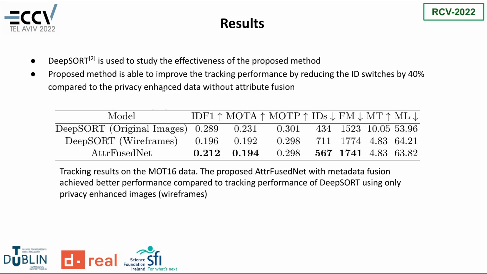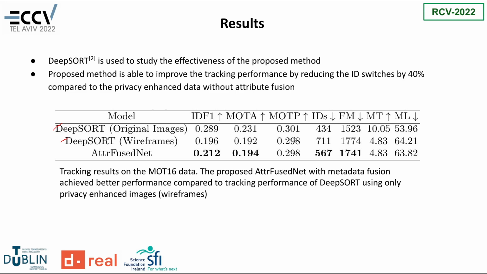We use DeepSORT to study the effectiveness of the proposed method. Initially we test DeepSORT with the visual images. Then we use the wireframes with DeepSORT to test the performance of the visual algorithm with the privacy enhanced images.